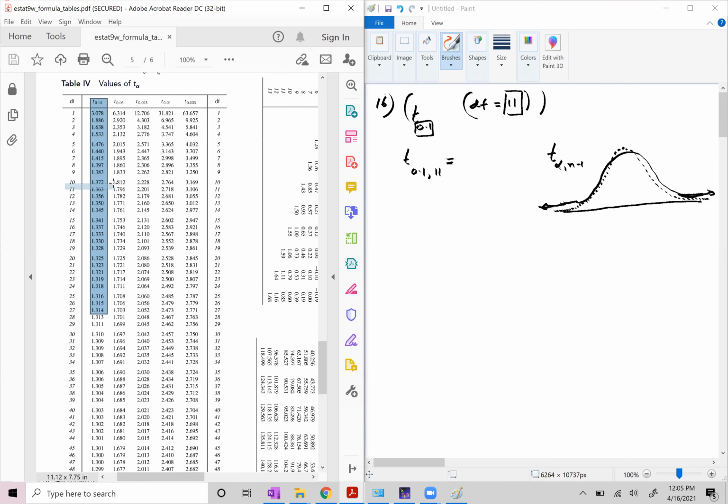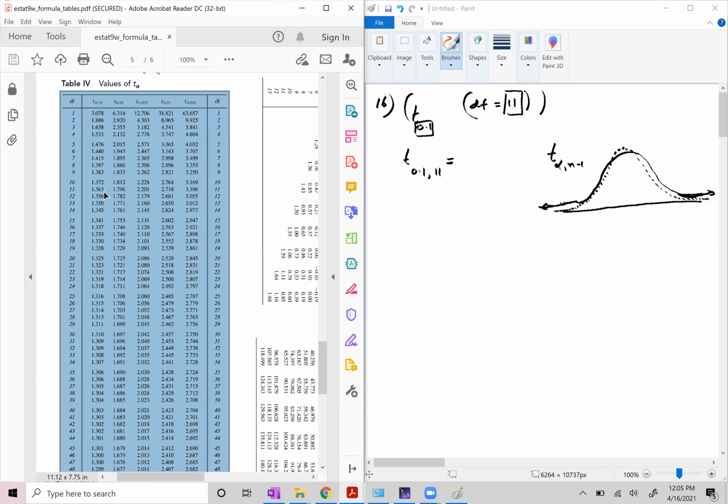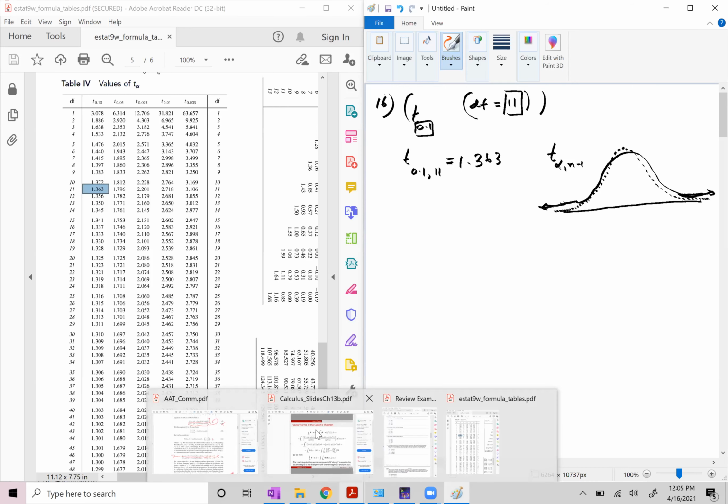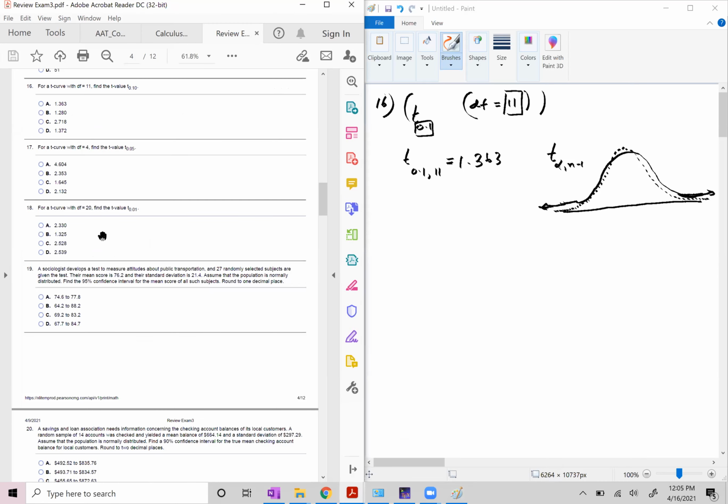So our answer should be 1.363. Let's see whether we have such an answer. Yes. So question number 16, the answer is A.